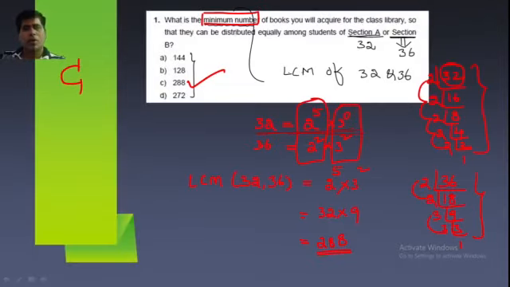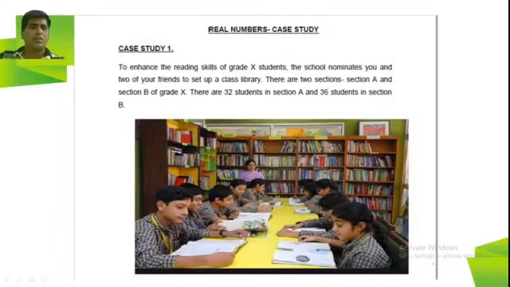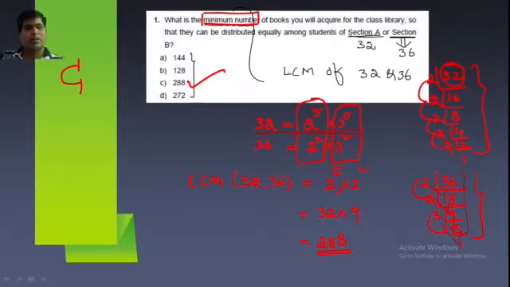Whatever we have for 36, I have factorized it in this way here. 2 18s are 36, 2 9s are 18, 3 3s are 9, and 3 1s are 3. So we already factorized this one. Already we know this answer, so directly we can get it.